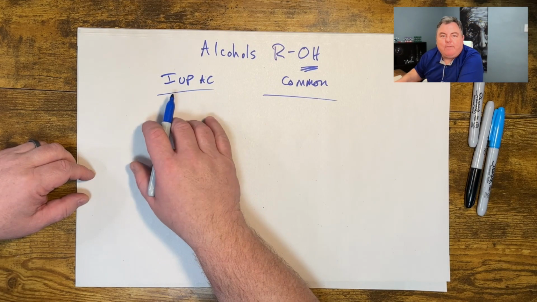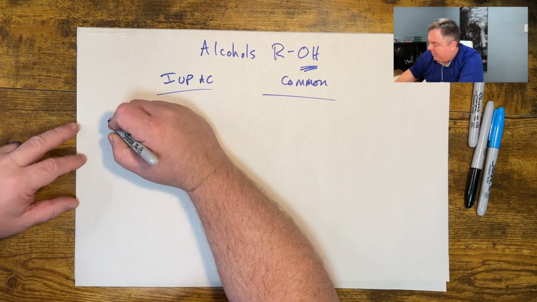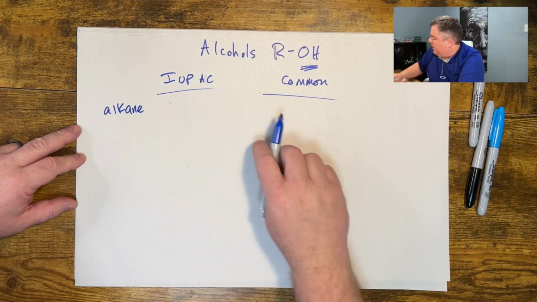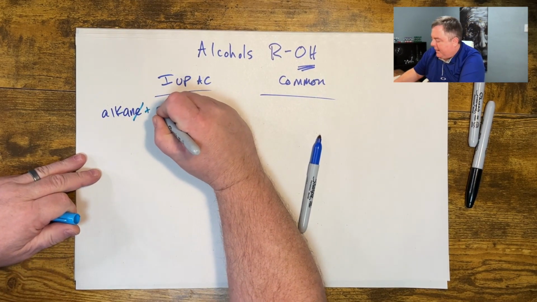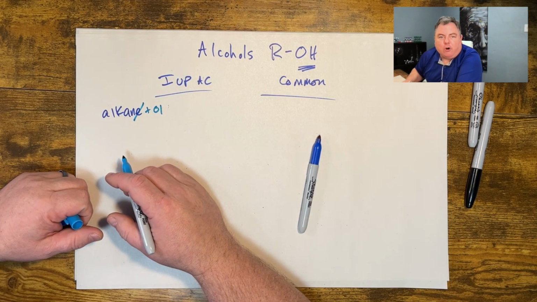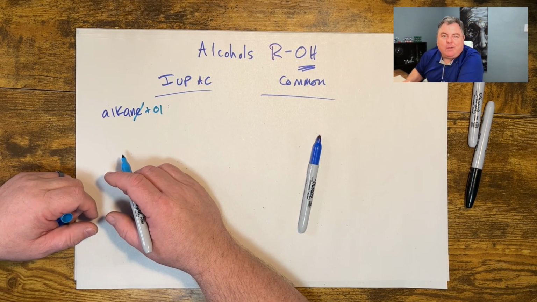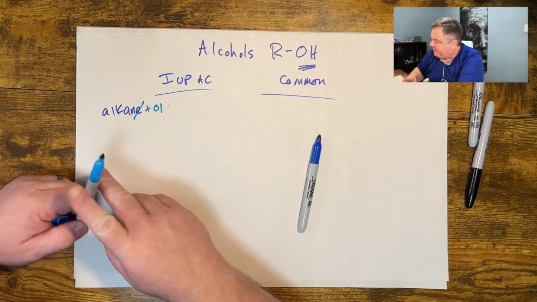The technical way of naming alcohols is to take the alkane name, you remove the E, and you add the suffix "-ol". Alcohols end in "-ol": methanol, ethanol, cholesterol. So when you hear "-ol" at the end of a name, you know you're dealing with an alcohol.